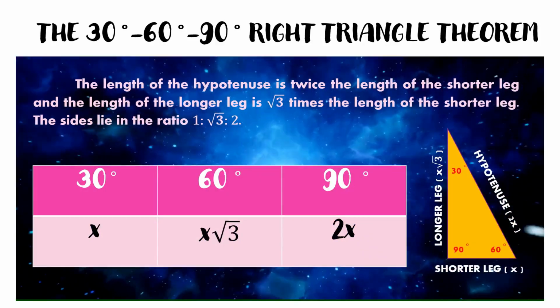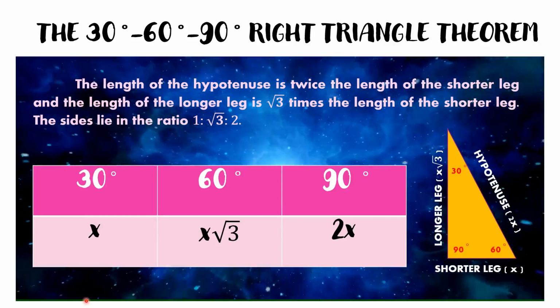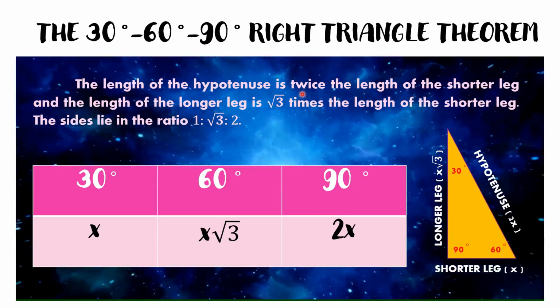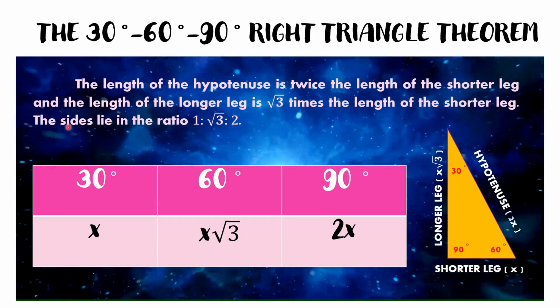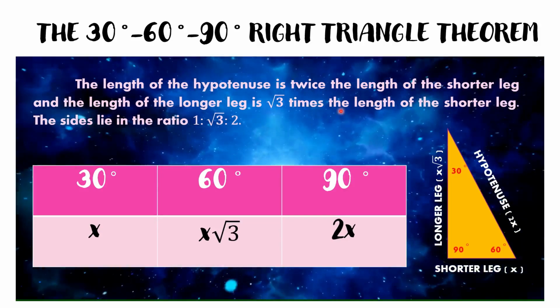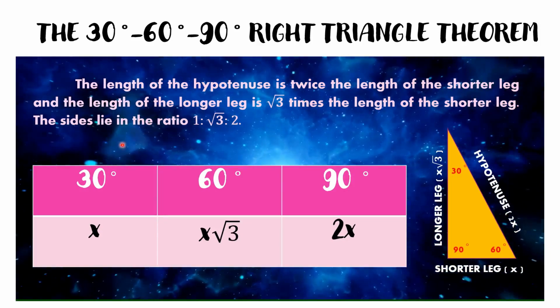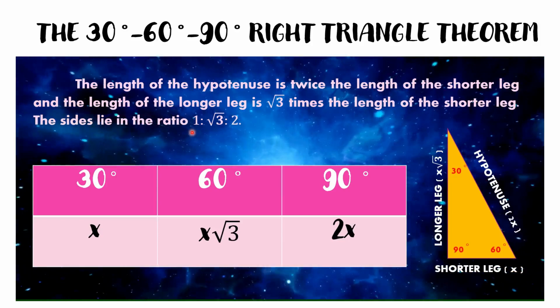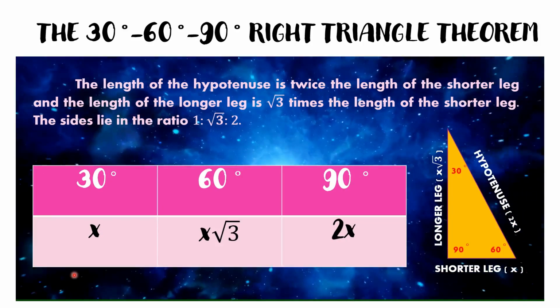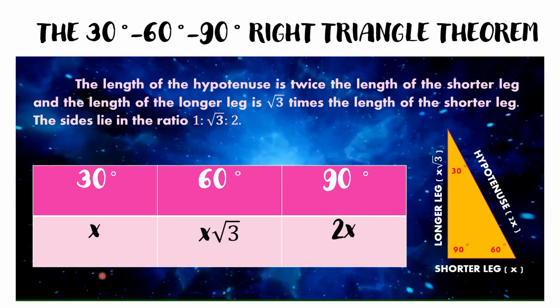Again, the 30-60-90 degree right triangle theorem states that the length of the hypotenuse is twice the length of the shorter leg, and the length of the longer leg is the square root of 3 times the length of the shorter leg. The sides lie in the ratio 1 is to square root of 3 is to 2. So, pwede po natin gamitan ng table yan.